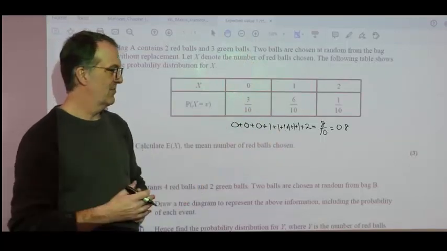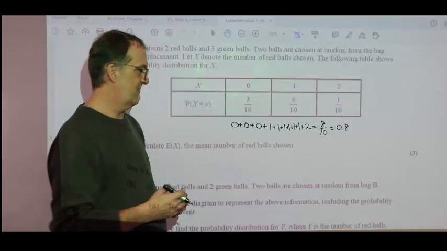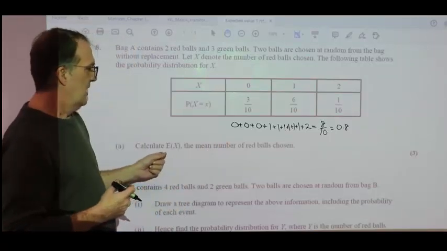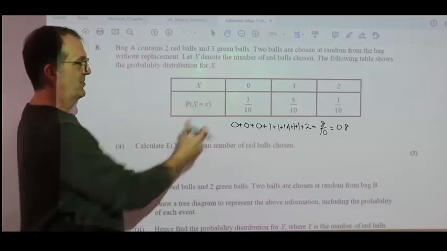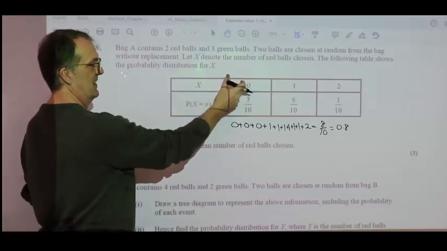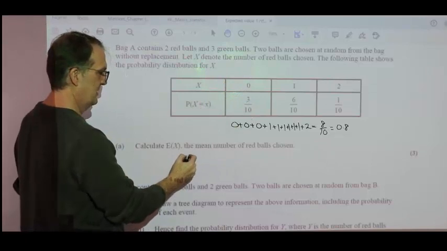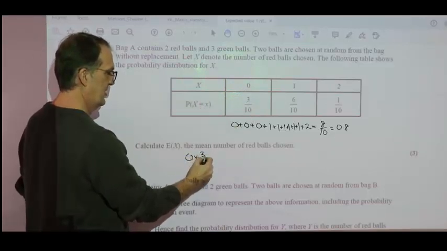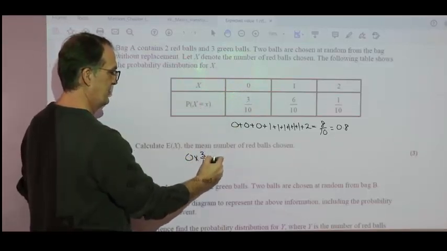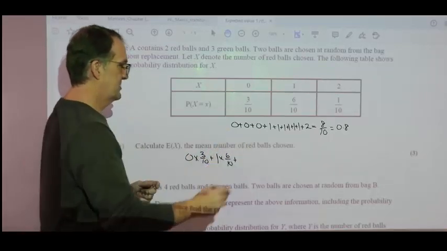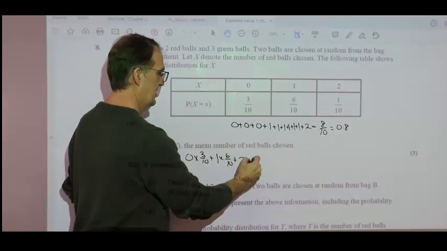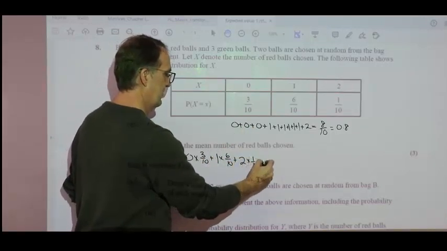Again, it's this idea of what a mean or what an average is. So when we think of calculating the expected value, well, we've already said the expected value is the value times its probability. So 0 times 3/10 plus 1 times 6/10 plus 2 times 1/10.